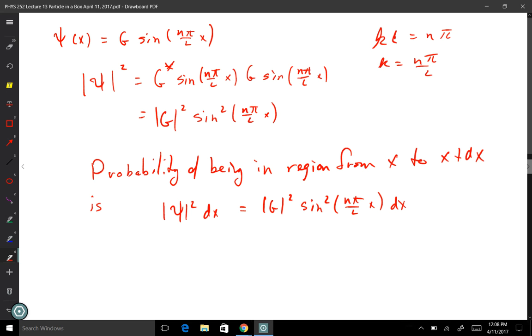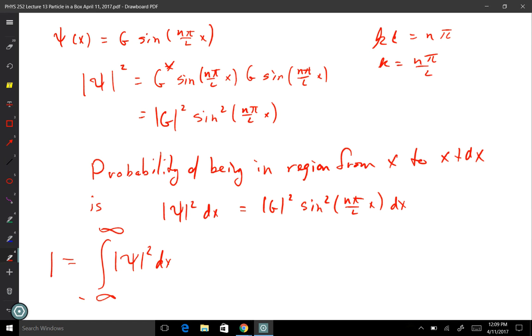And how do I add up all of the probabilities? I have to integrate. So I'm going to have 1 has to be the sum of all the probabilities. There's your generic statement. Sum psi mod squared over all dx over all values of x. Now, in this case, it's real simple because what is psi going from minus infinity to 0? 0. So I can break this down into 3 parts, 2 of which are trivial.